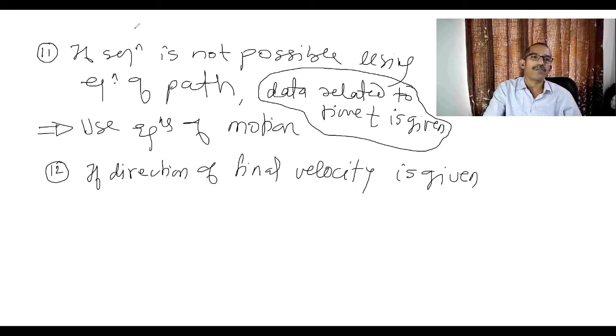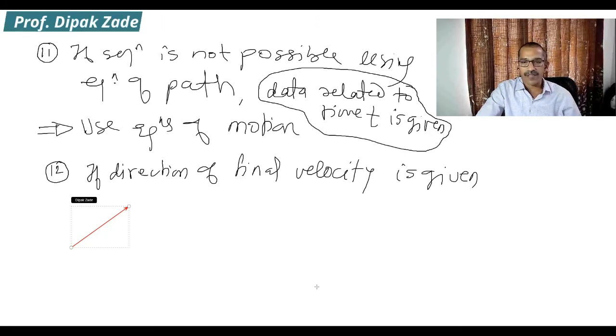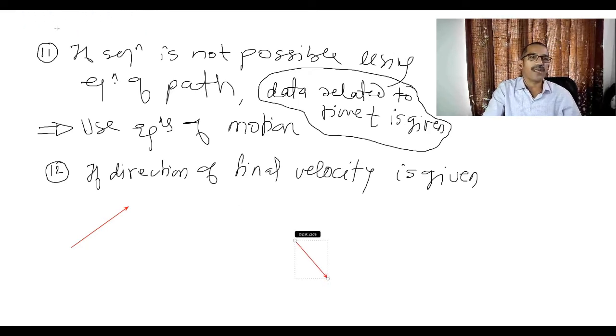First, consider a motion that starts from one location, and say this is the initial velocity. Finally, the particle reaches some location somewhere here. From any level to any level, there is no issue.